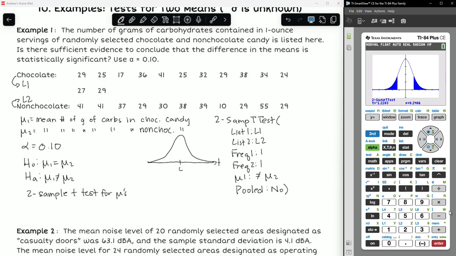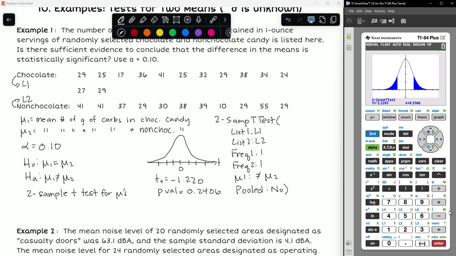So I have my t-curve. I can see that I have a t-test statistic of negative 1.220 and a p-value that's rather large at 0.2406, so almost 25% of the curve. Marking where that falls, negative 1.2 is sitting a little past negative 1.